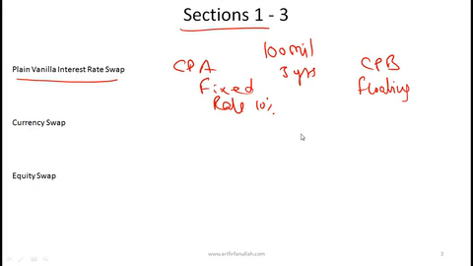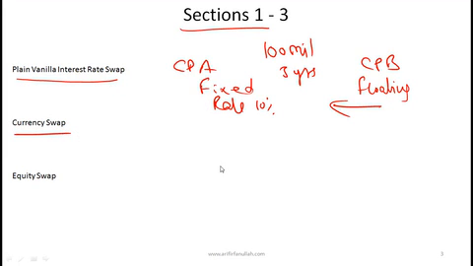That benchmark could be CIBOR or LIBOR or Euribor. So depending on the environment, counterparty B, which is called the floating rate payer, is making a floating rate payment. Okay, so you studied this at level 1. This is your plain vanilla interest rate swap.